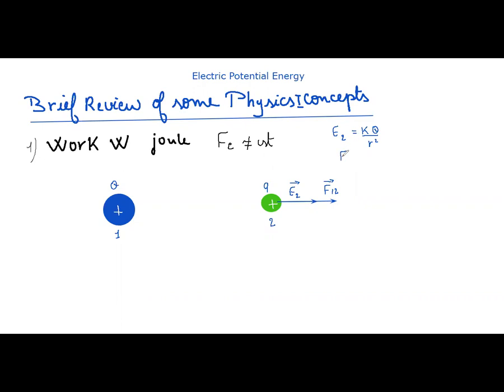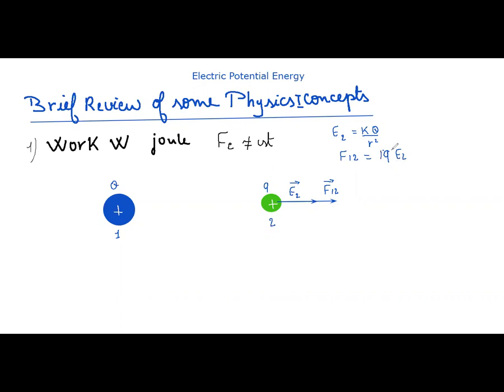You know, F1,2 equals the field at point 2 times the deposited charge, small q.